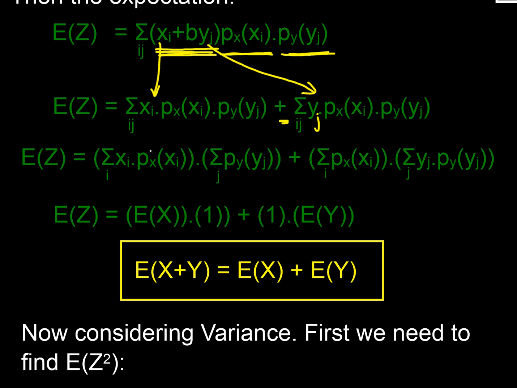So on the left hand term here, we've got the sum over all i's and j's of xi times the probability of xi and the probability of yj. Now that's actually a big array of numbers because we've got both of these varying, haven't we? We've got the xi's varying, and the yj's varying.